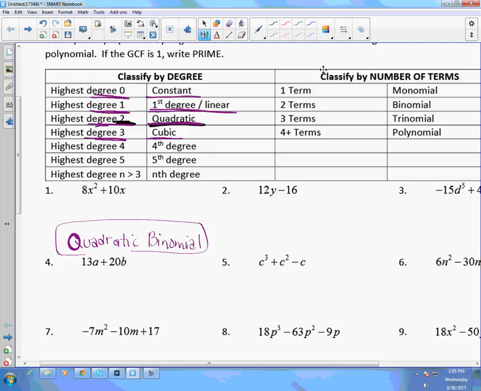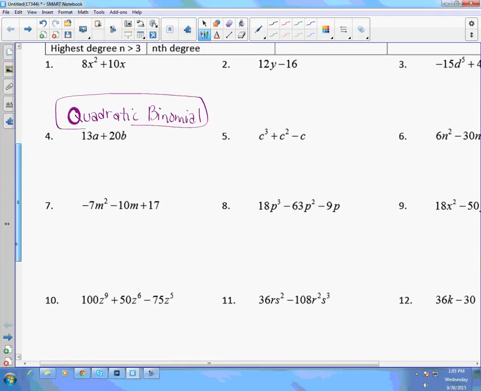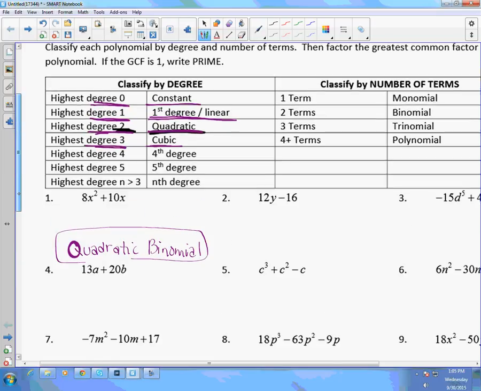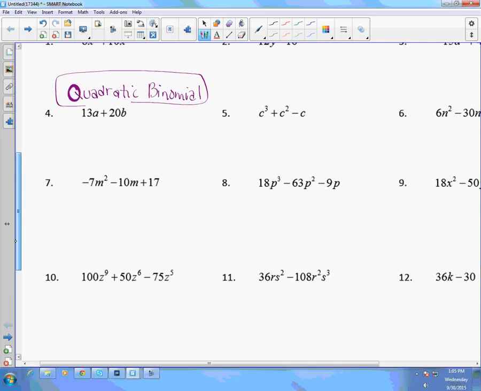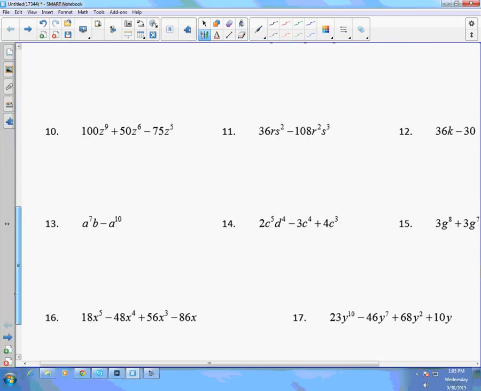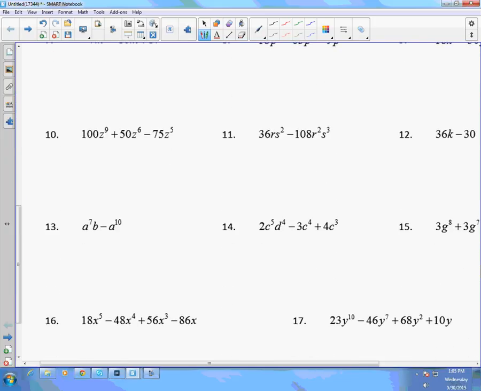Let's get down another one. So far, we haven't done the factoring yet, and we're going to do that after. So leave some space, we're just naming them right now. What about number 10? Can you show the highest degree? Number 10 has a highest degree of 9.